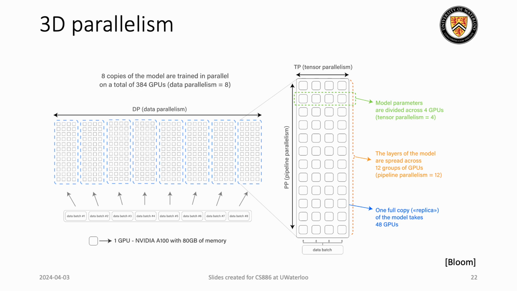And each copy is divided into 12 pipeline parallelism steps. So like this is the sequence of steps. And then each pipeline step is divided into 4 model parallel steps. So one full copy takes 48 GPUs times 8 to get 384. Amazing.